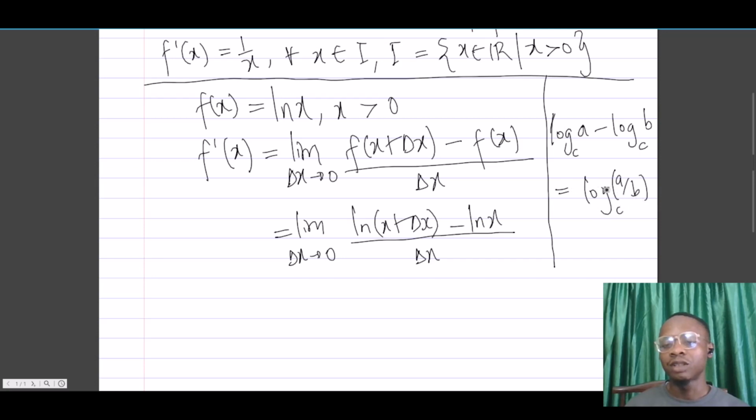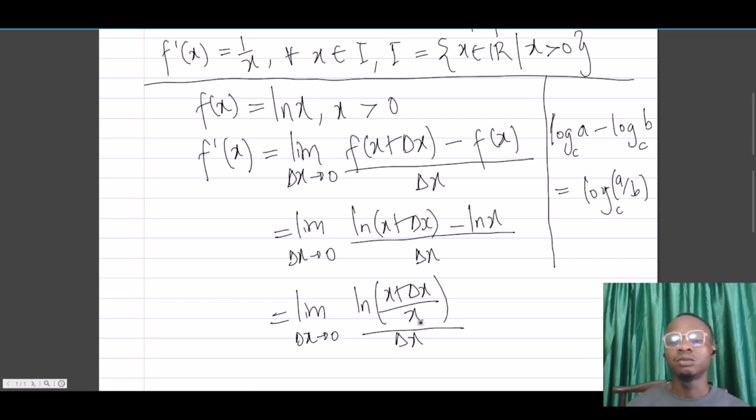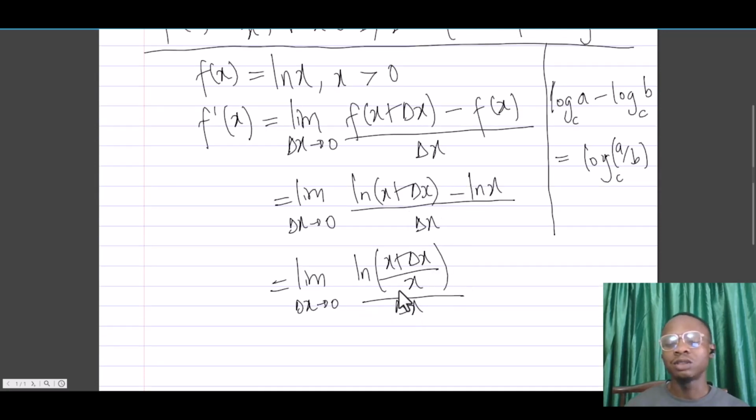So since we have log of x plus delta x minus log x, we can put them together by this rule to say that this is equal to the limit as delta x approaches 0 of ln of x plus delta x divided by x, then divided by what we have here, which is still delta x. So we have simplified this expression into this.